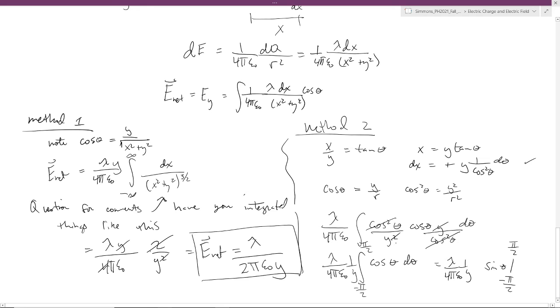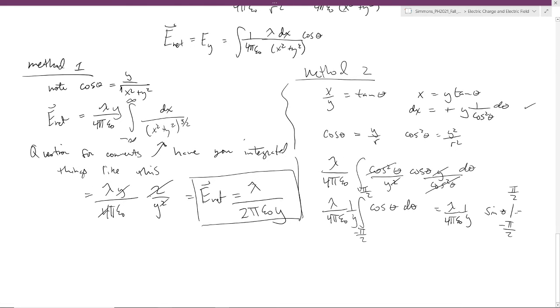All that we get from this is we pick up a factor of 2, because sine of pi over 2 would give you 1 minus negative 1. Times 2, so this would cancel, and we get the same result.